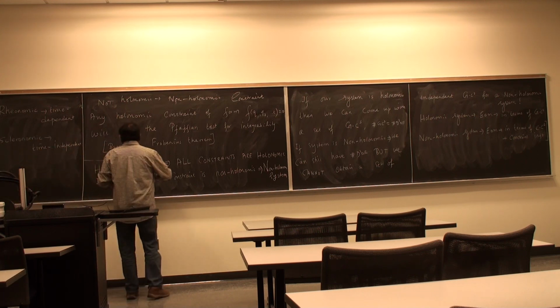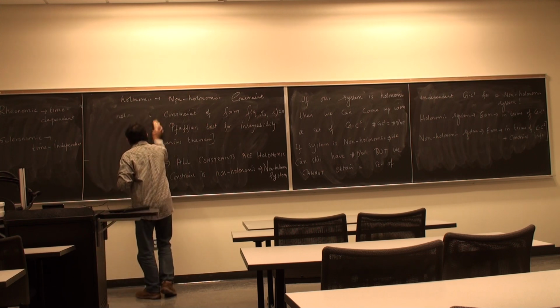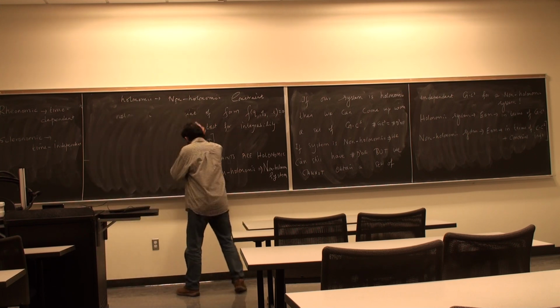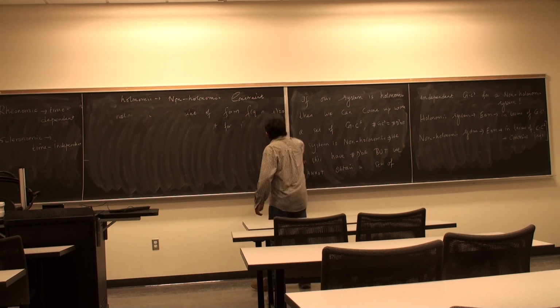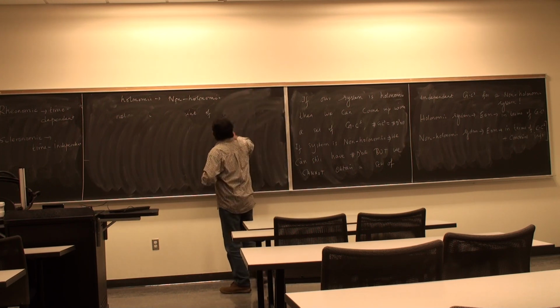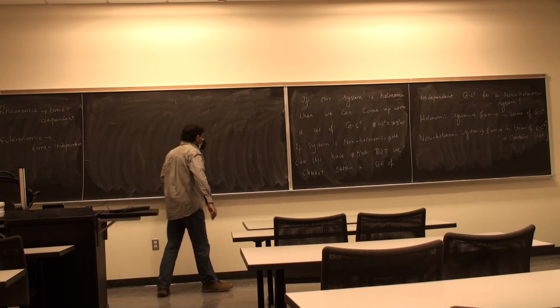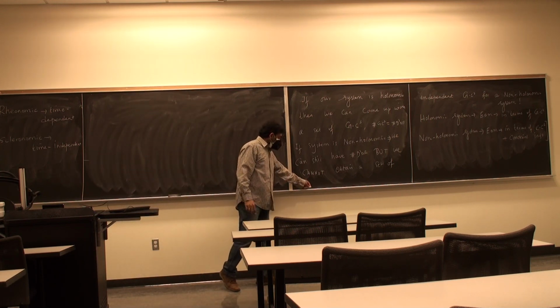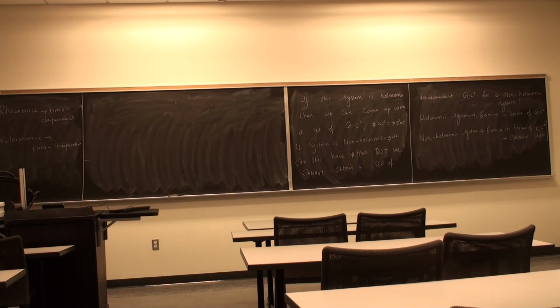Okay, so here is the final thing. Holonomic constraints can be rheonomic or scleronomic. Non-holonomic constraints can be rheonomic or scleronomic.